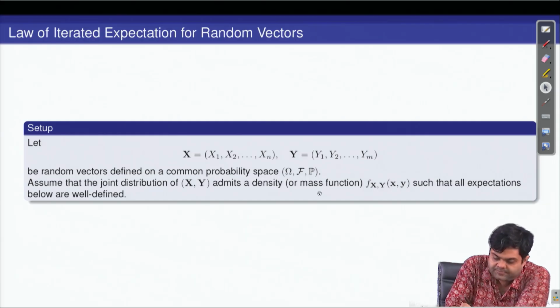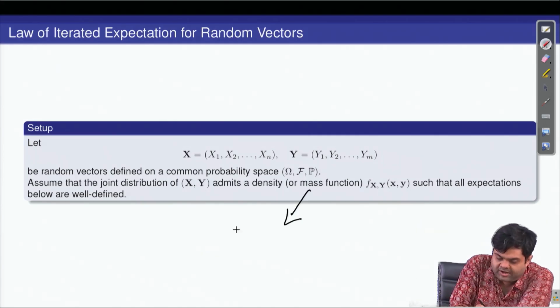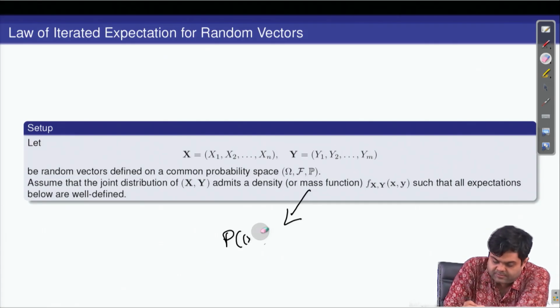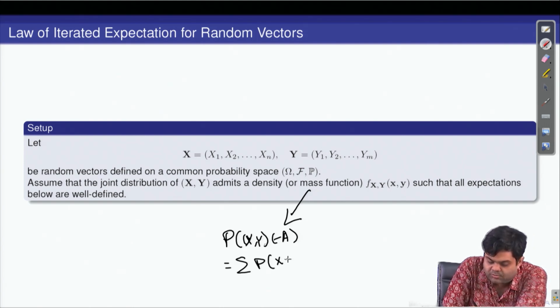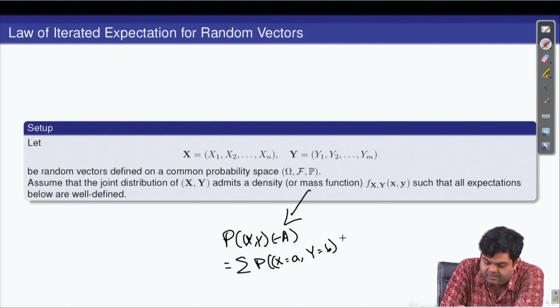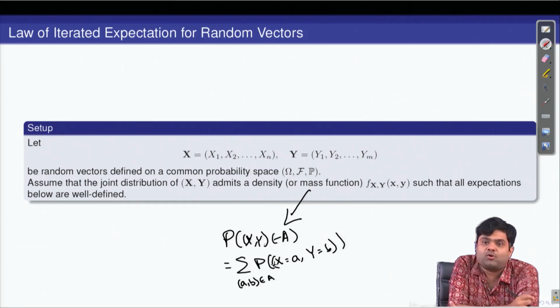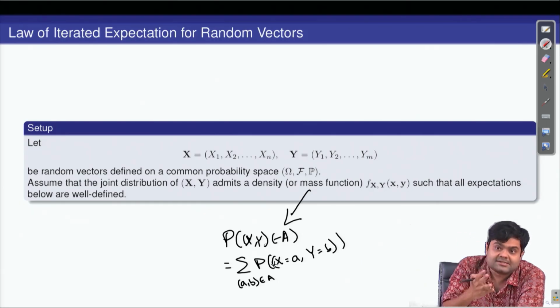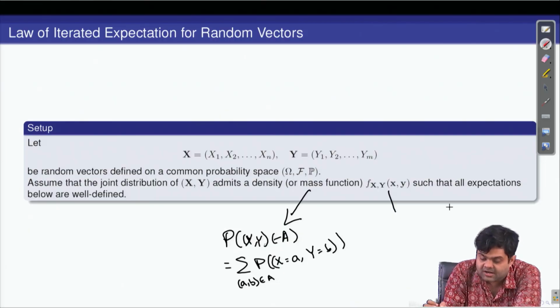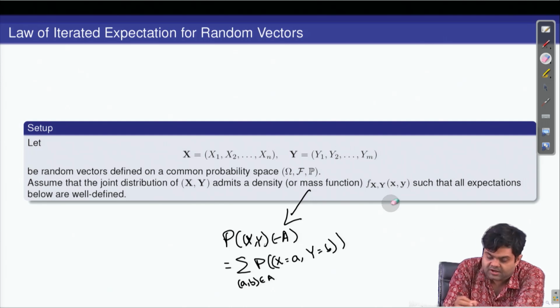In the mass function situation, probability of (X,Y) belonging to A is the summation of the probabilities of X equal to a, Y equal to b, for all (a,b) in A. You can assign point probabilities to all points, and the probability of every set is just the sum of those probabilities.